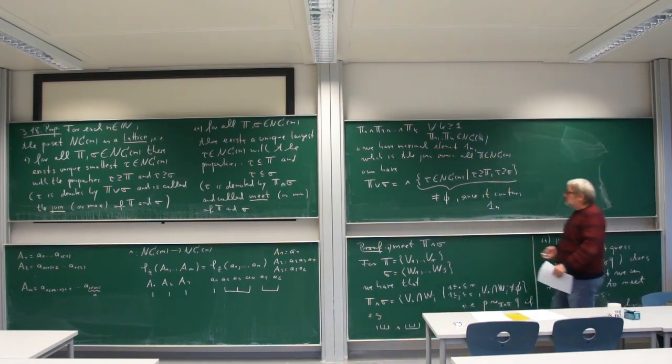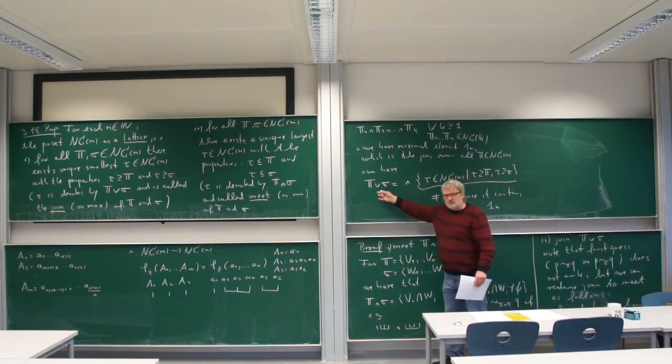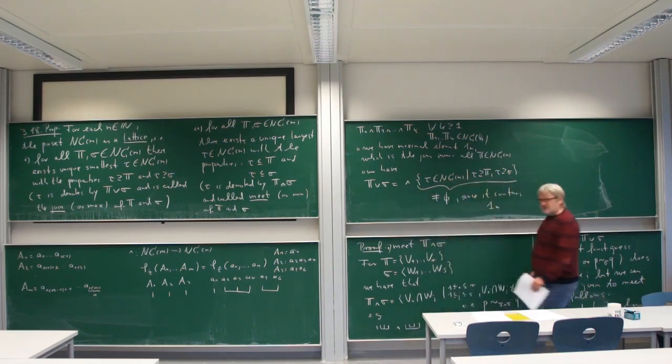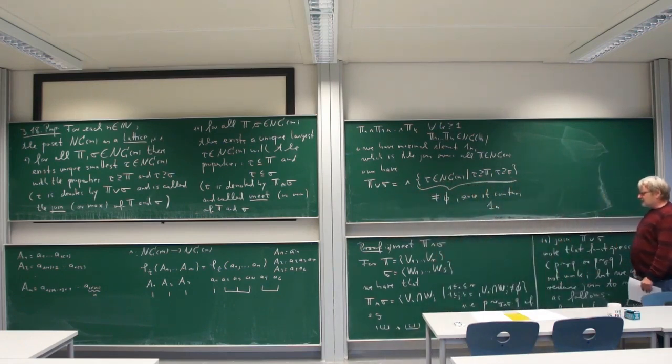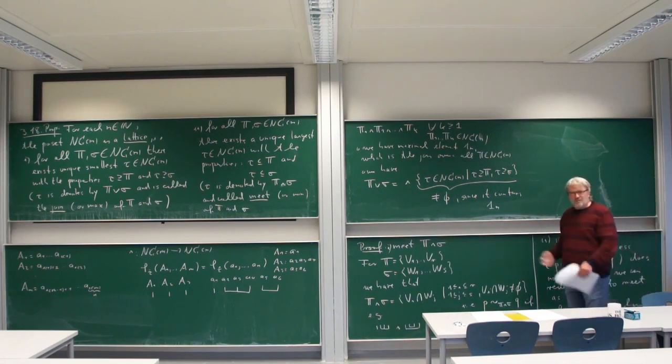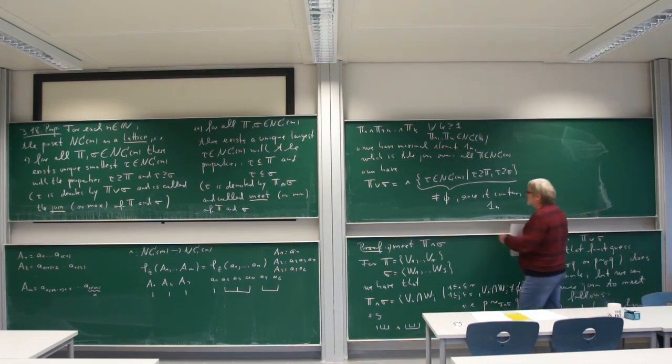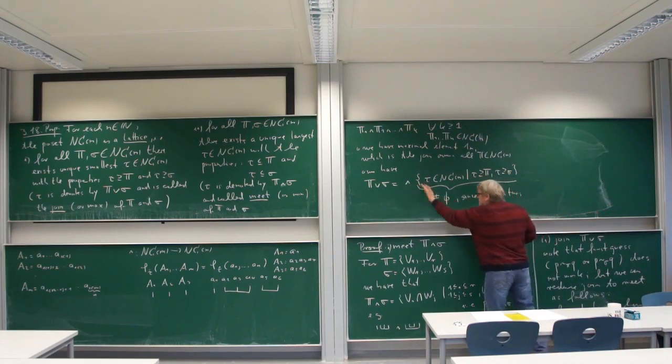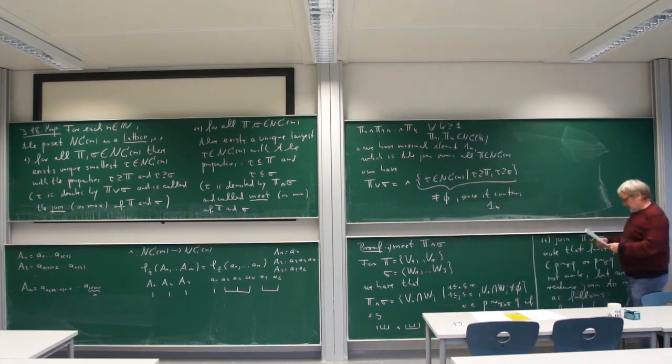Okay, and then there exists the meet of this, and this is the join. So this is in a sense not a constructive way as before, but at least it gives us the join.